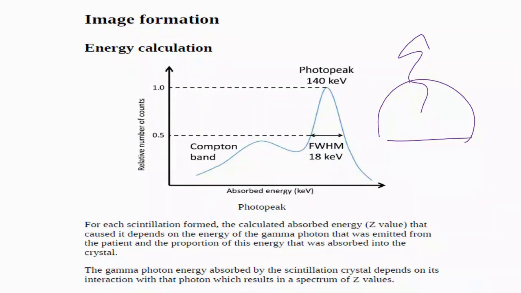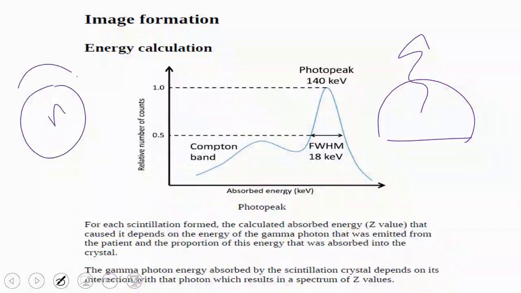So, I have an atom with a nucleus, and around it are the K and L shells, which contain electrons. If the photon is fortunate enough to knock this electron out of its orbit, this electron is called a photoelectron. It receives all the energy of the photon, so the photoelectron exits with all the energy of the photon, and the photon disappears. This is called the photoelectric effect.